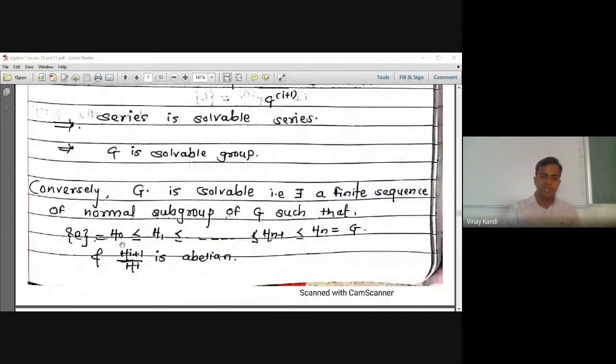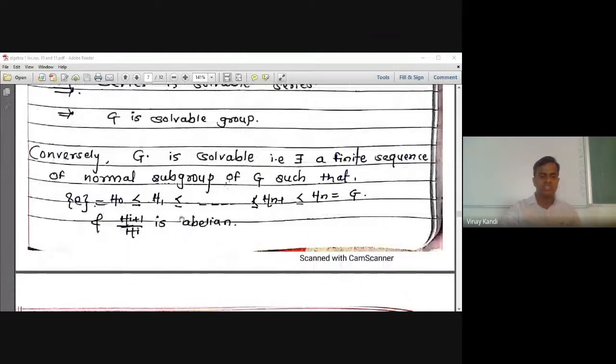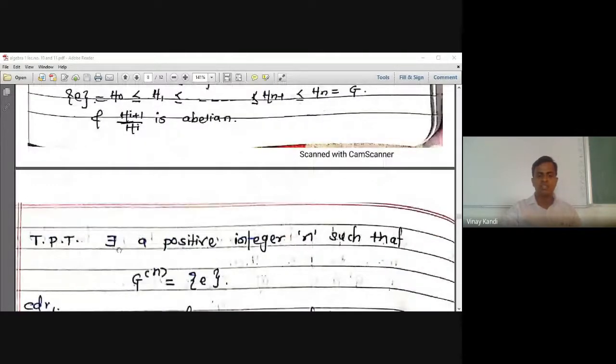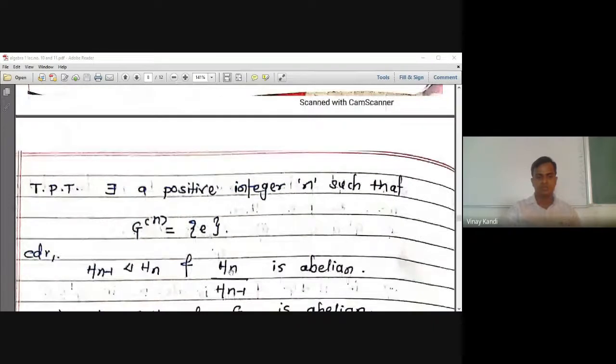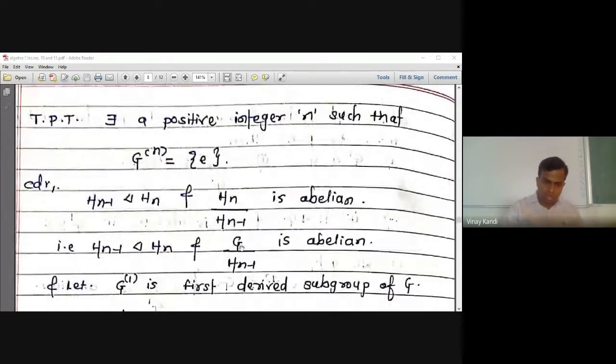Now in the converse part we are assuming there exists a sequence with abelian factors, and to prove the existence of a positive integer n such that G raised to n is equal to singleton E. Pay attention now.